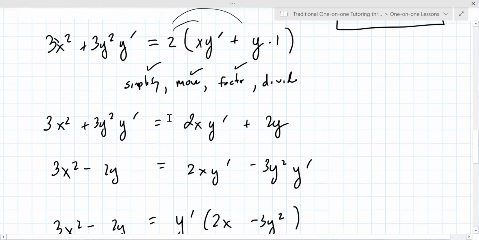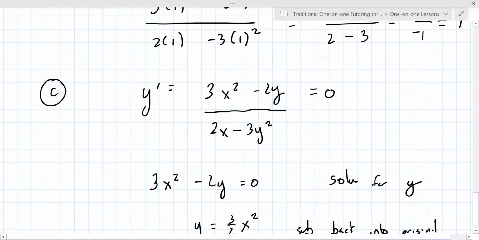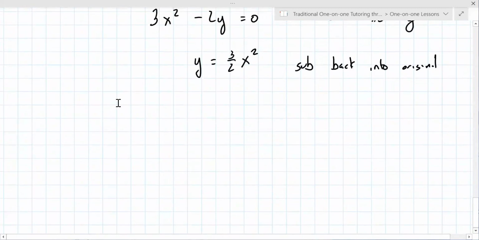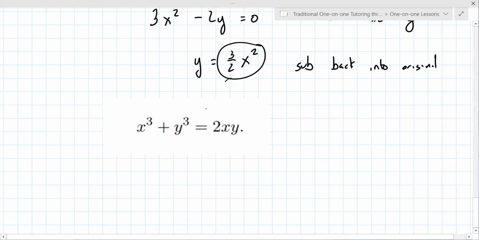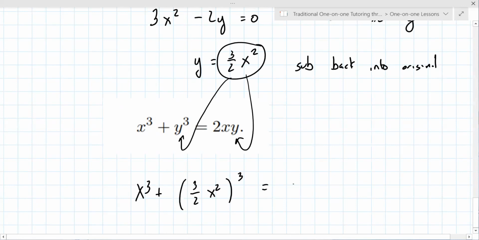Go grab it here. Here's the original. So this right here is going to go in for y and for y. So you get x cubed plus 3/2 x squared cubed equals 2x times 3/2 x squared, like that.